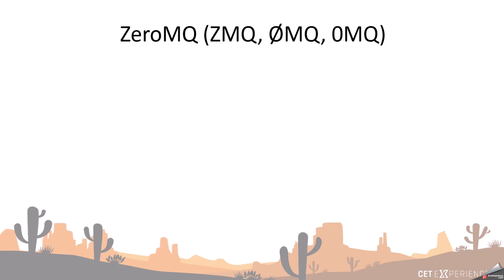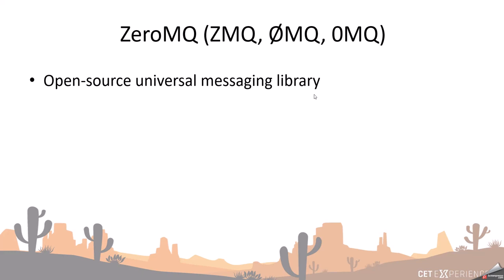So ZMQ is spelled out a lot of different ways if you're looking at documentation. So ZeroMQ, it's basically an open source universal messaging library. Some big advantages for it are, one, you can use your favorite language.